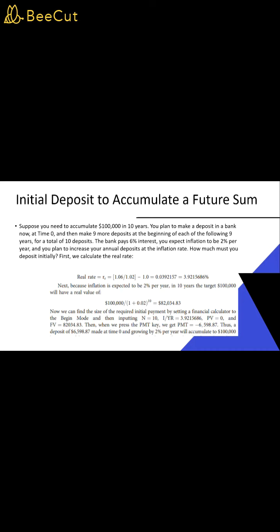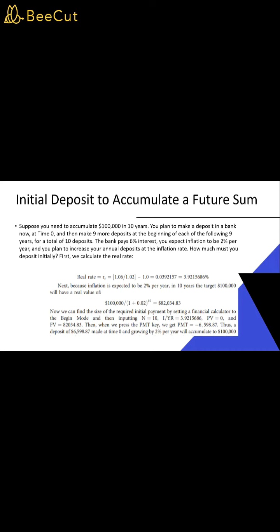And then next, because inflation is expected to be 2%, we now know that we're actually not talking about having a total amount of 100,000 at the end of 10 years, because the value of that 100,000 in 10 years is not going to be 100,000, because there is inflation of 2% per year. The value of that 100,000 is actually going to be a lot less.